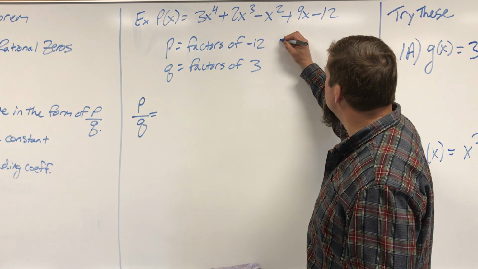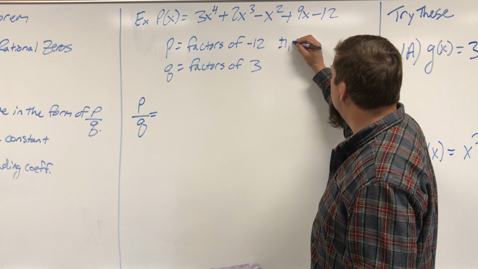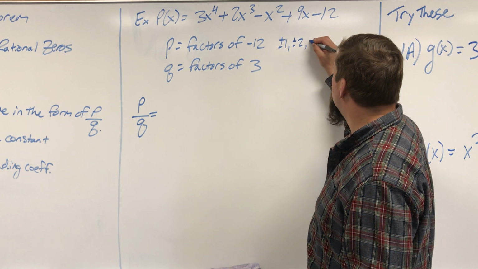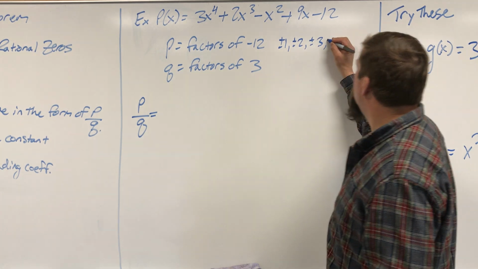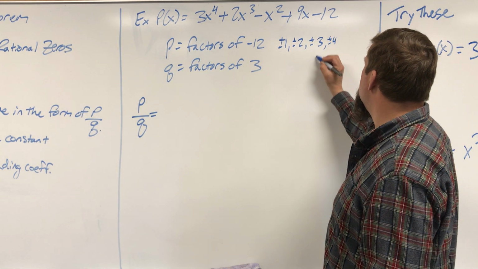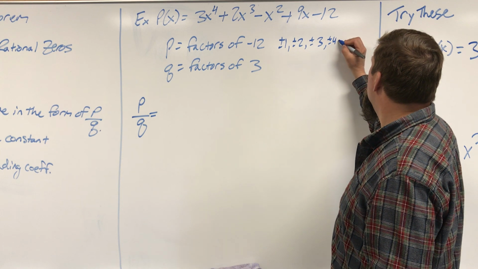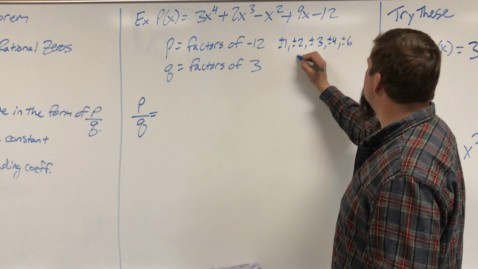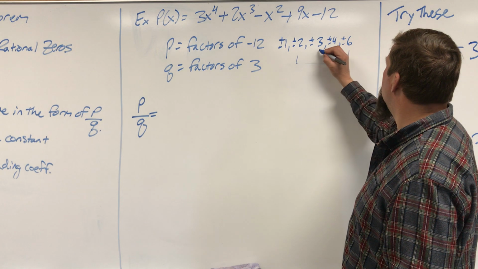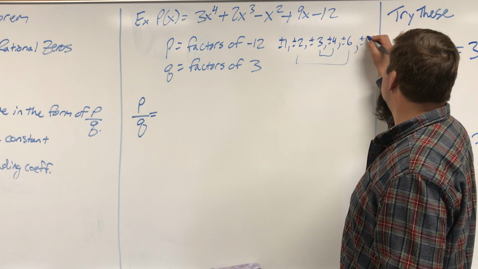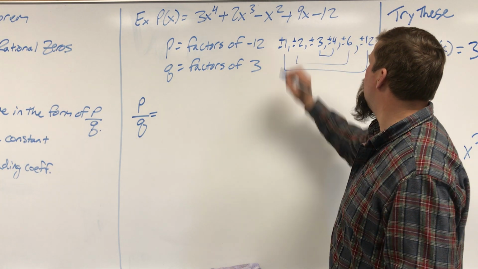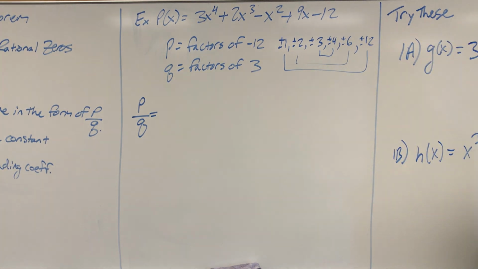So in this case, plus or minus 1, plus or minus 2, plus or minus 3, plus or minus 4, because 3 times 4 is 12, plus or minus 6, because 2 times 6 is 12, and then plus or minus 12, because 1 and 12 are factors.